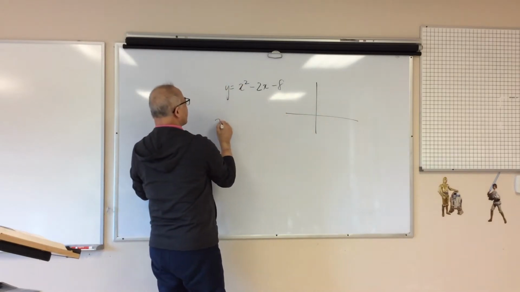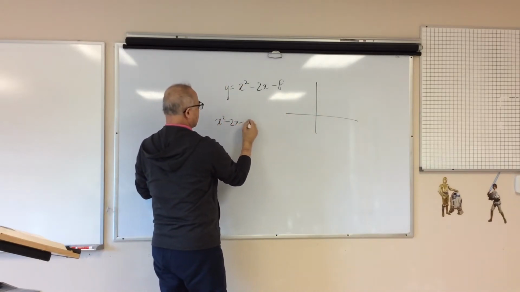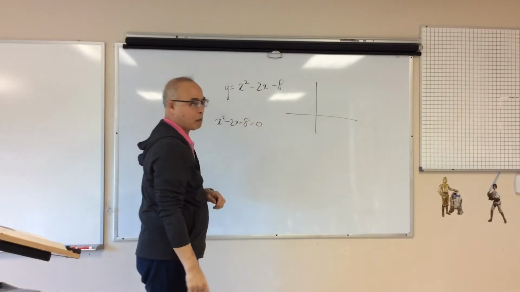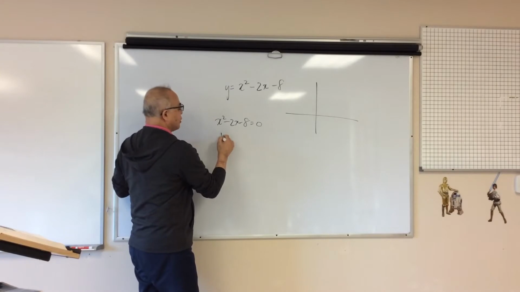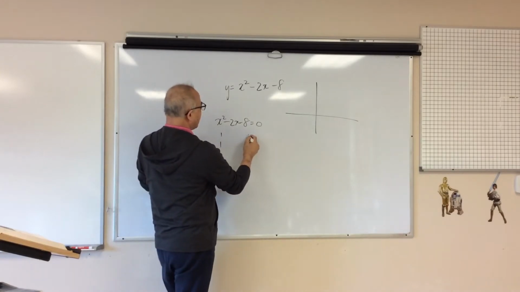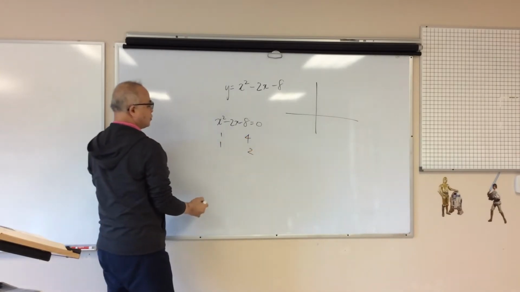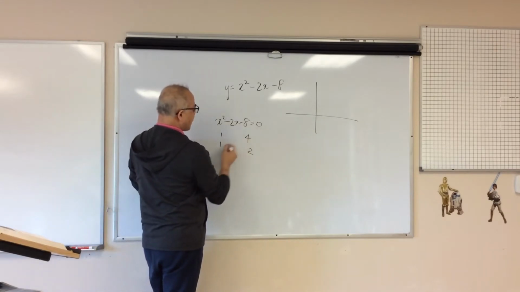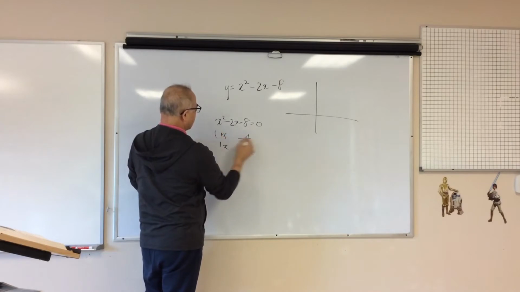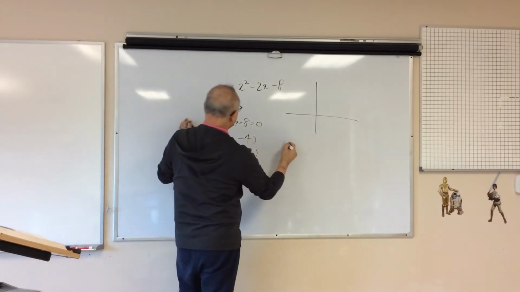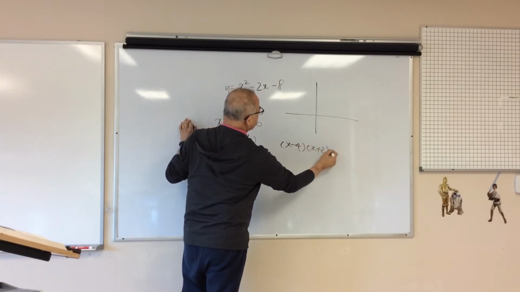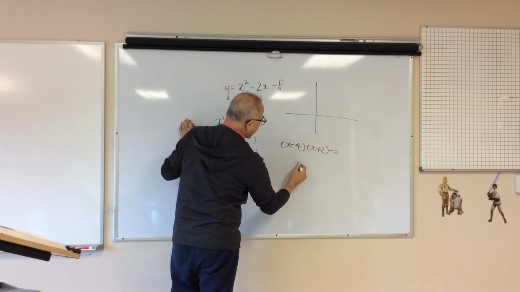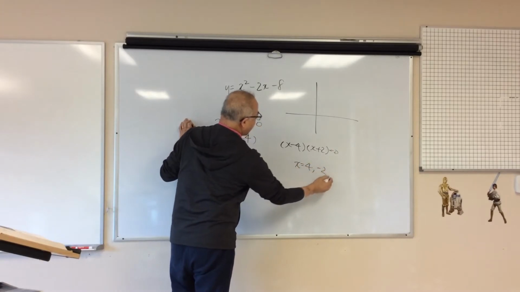So if I solve this, set equal to 0, this is a quadratic, right? So this becomes x minus 4, x plus 2 is equal to 0. Therefore, x is equal to 4 or negative 2.